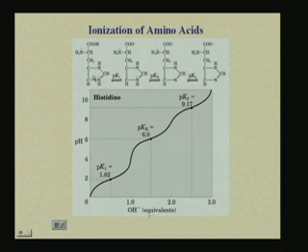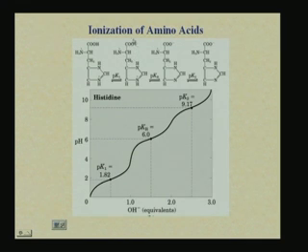So, we have the side chain protonated, we have the amine group of the amino acid protonated, we have the COOH protonated. As we increase the OH minus additions, I am going to lose this proton, right.